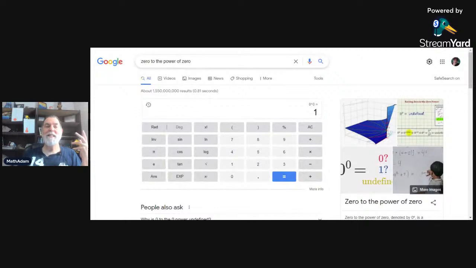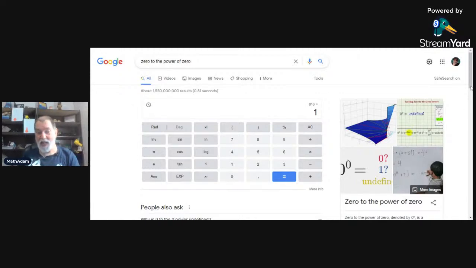And where is it? There it is. Ta-da! So 0 to the power of 0, according to this piece of wisdom, is 1. But according to these notes over here, it's undefined. But the calculator says 1.